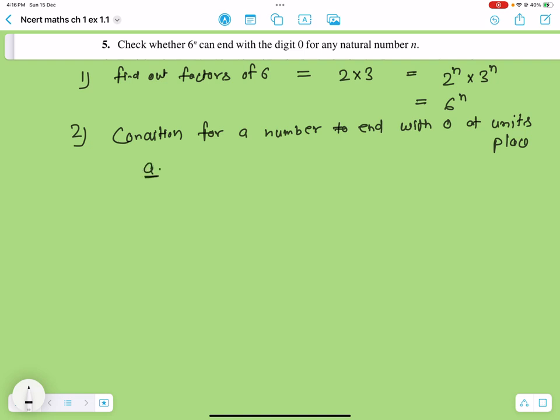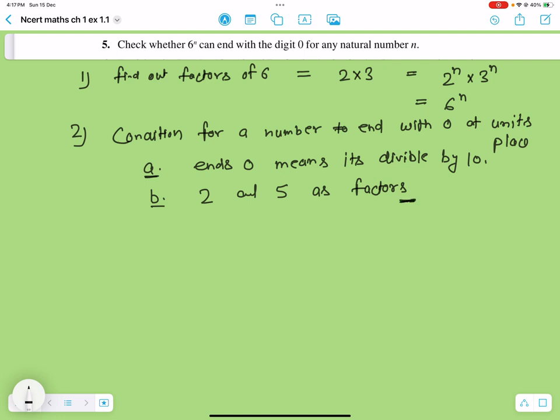First off, a number ending with 0 means it's divisible by 10, or for a number to be divisible by 10, it must have 2 and 5 as its prime factors, right? Then only the number can be divisible by 10.